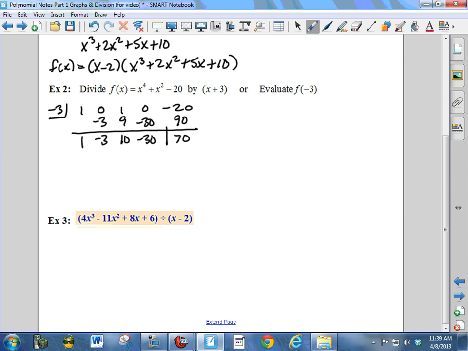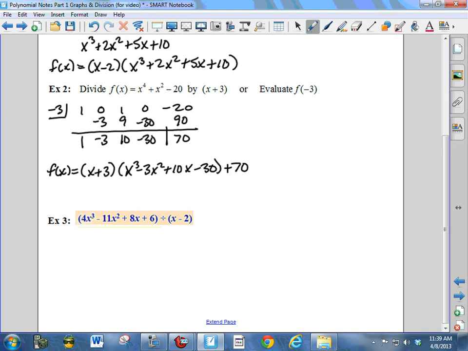So I can say then that f of x is equal to x plus 3 times x cubed minus 3x squared plus 10x minus 30, plus 70.